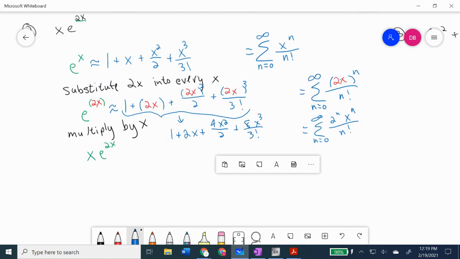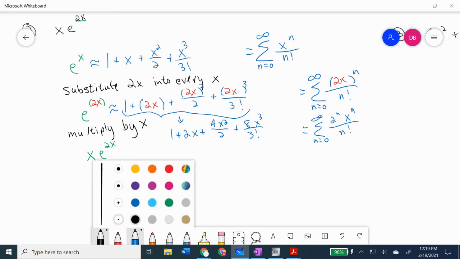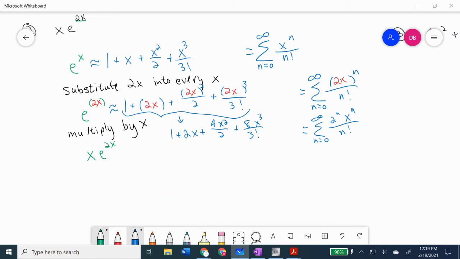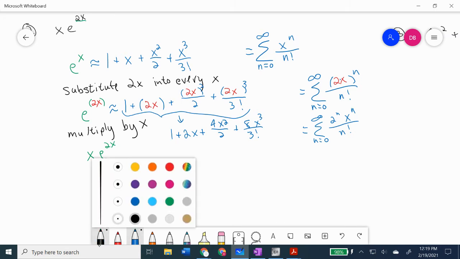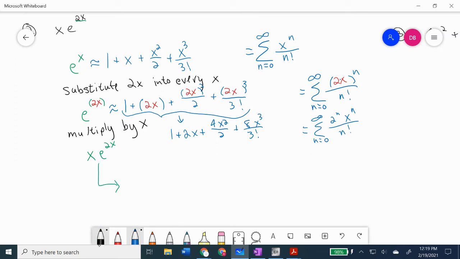And then next is multiply by x. I'll do this. And I do need to change color so that that is distinct. All right.